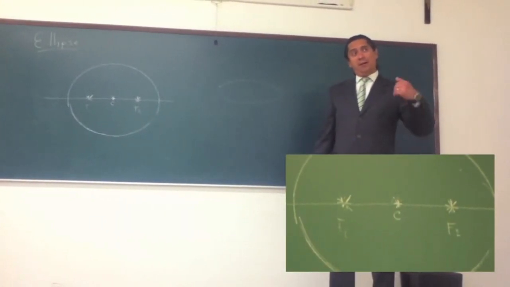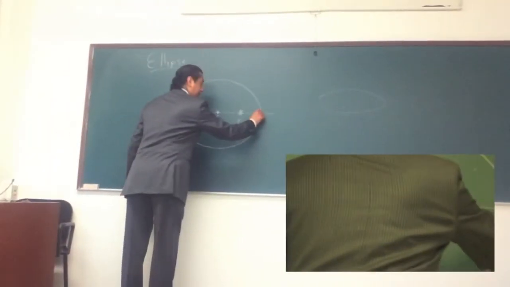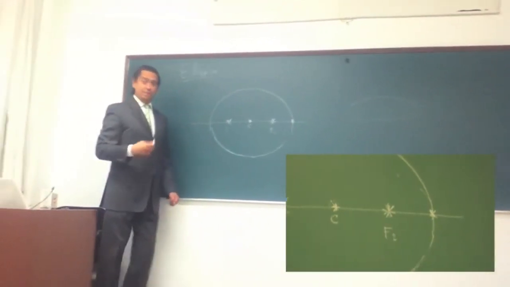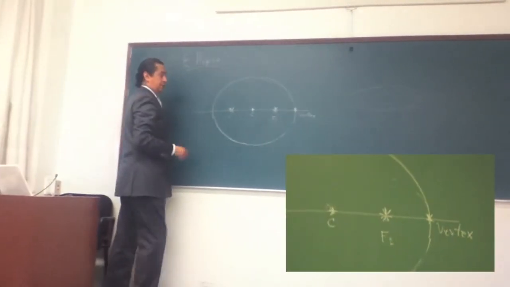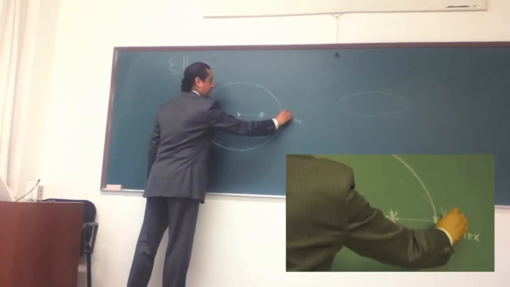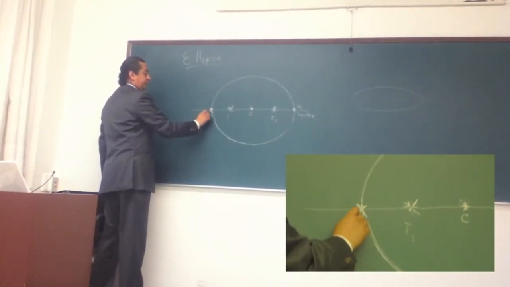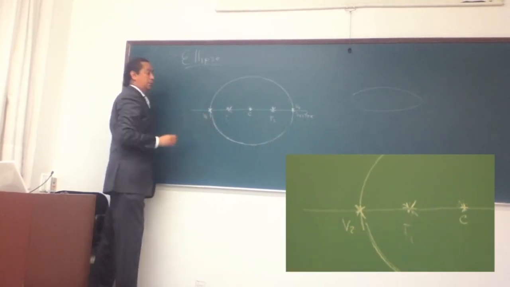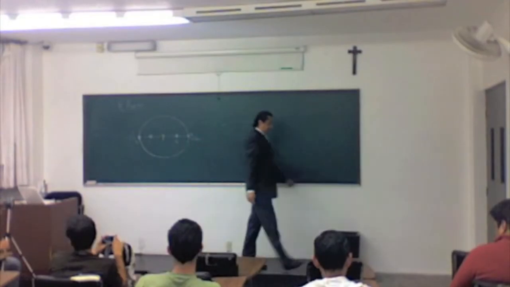Okay? We have another very important point, the vertex. We call this vertex 2, and here we have another vertex, vertex 1.